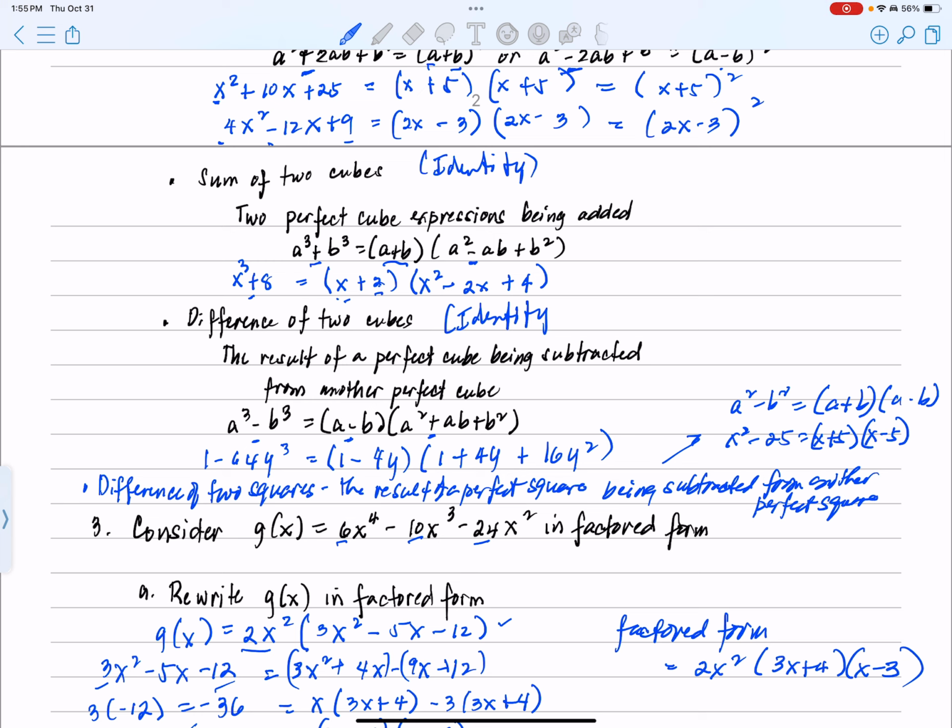Okay, difference of two squares. This is also an identity. You can add up.